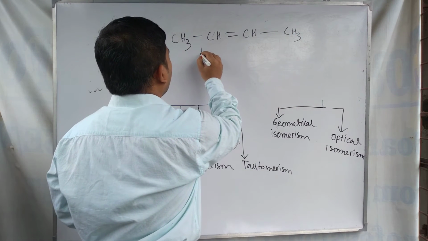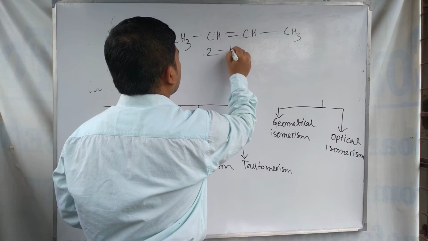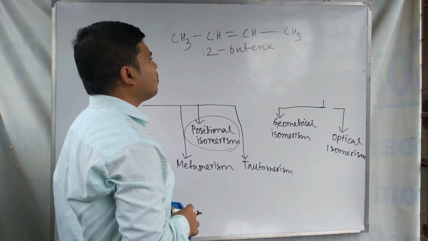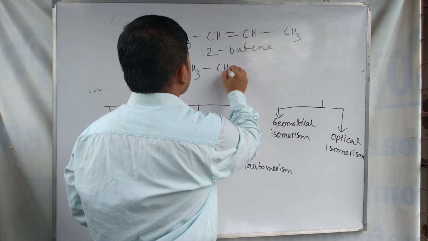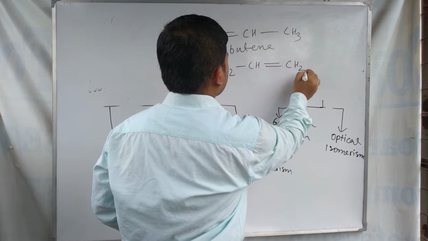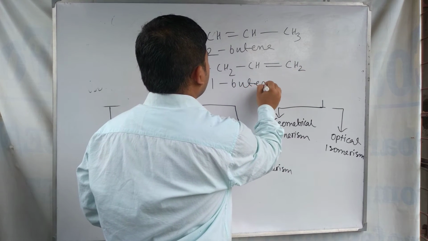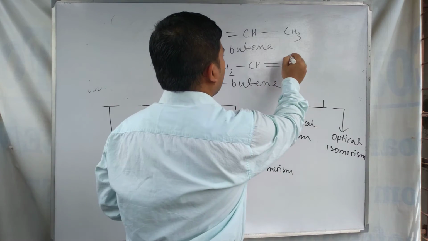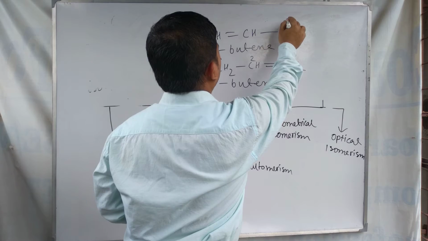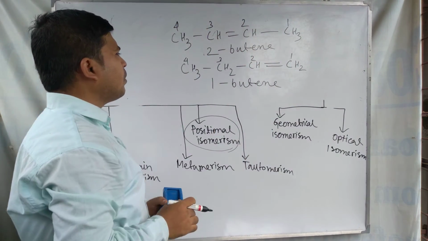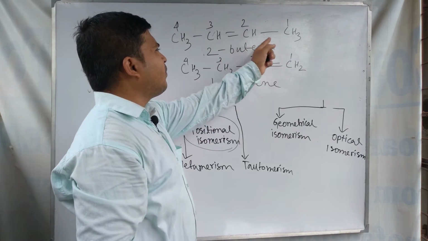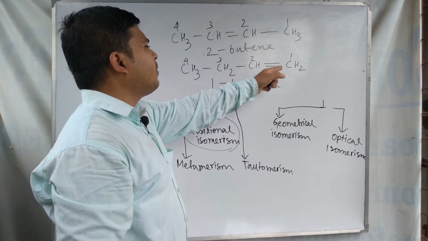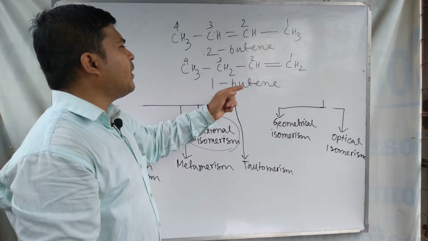This one is an example: 2-butene, and this one is 1-butene. 1-butene and 2-butene are positional isomers because of the double bond position in the two compounds. In the first case the double bond is at the 2 position of the carbon, and in the second case the double bond is between carbon 1 and carbon 2.